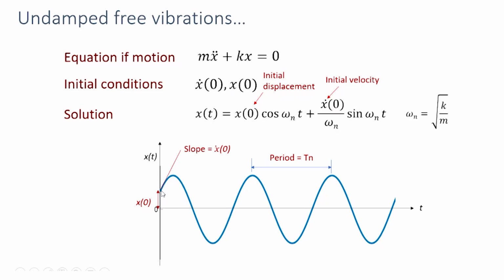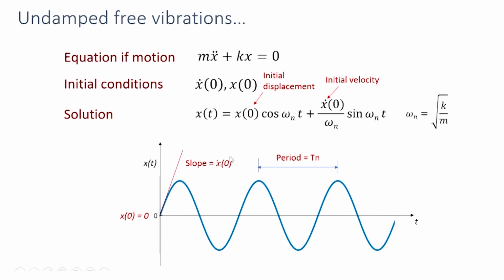The initial displacement is the value of the displacement curve at time equal to 0, and initial velocity is the slope of this curve at time equal to 0. If you consider a line tangent to this curve at time equal to 0, the slope of that line would give you the initial velocity. That should be equal to whatever we have assumed.